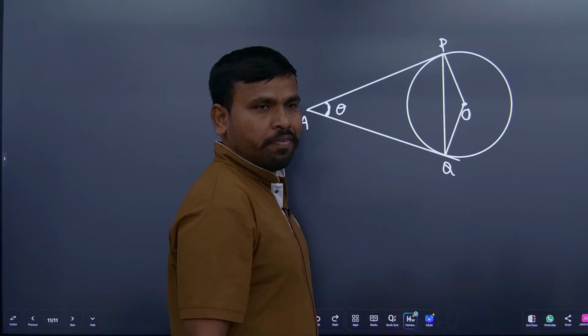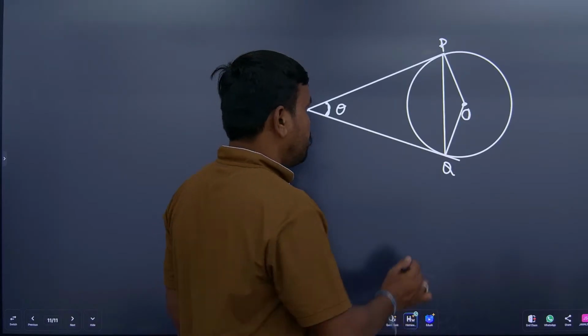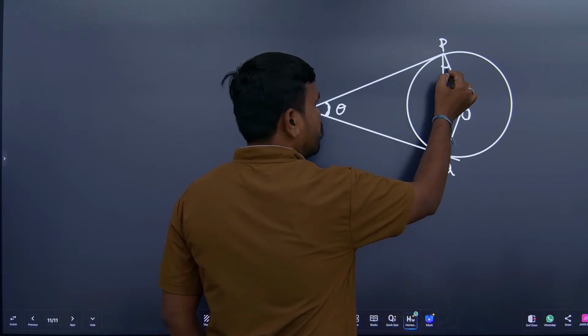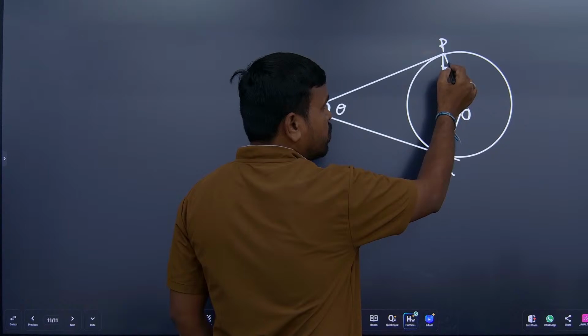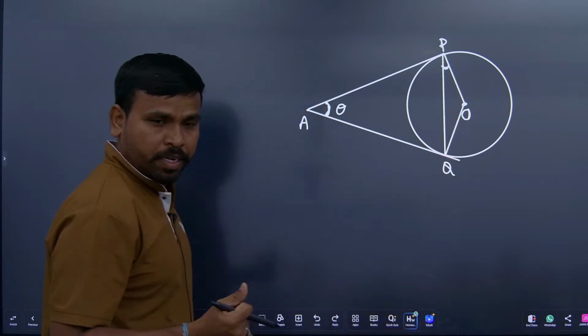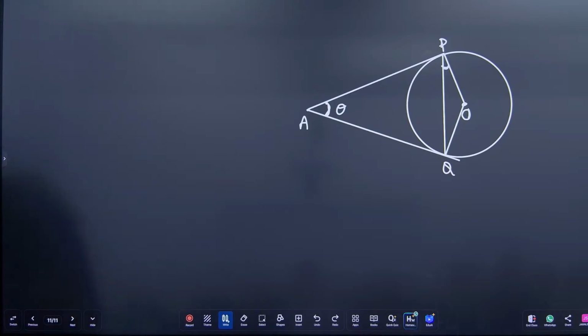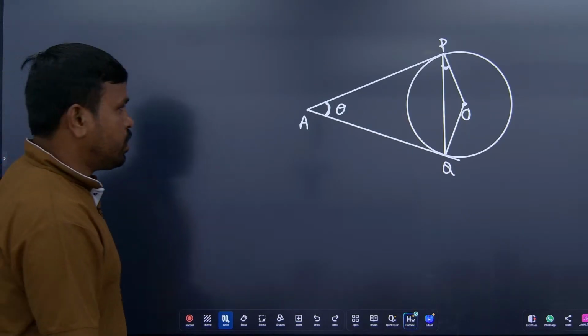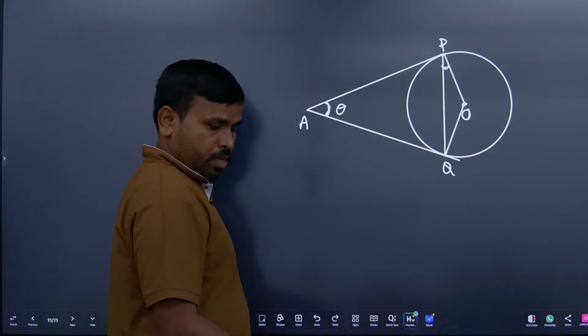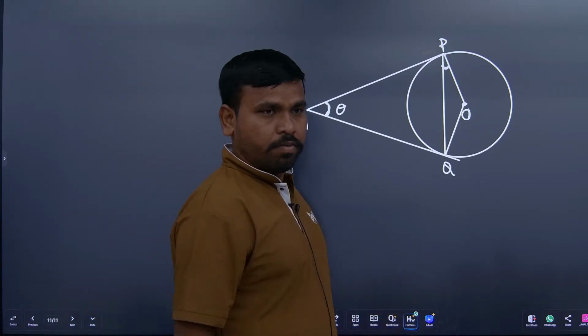In a simple way, I will tell you to understand this one. Stop writing, everybody, and look at the board. Look at the screen, everyone. The theorem I am not giving you to write, just understand this.